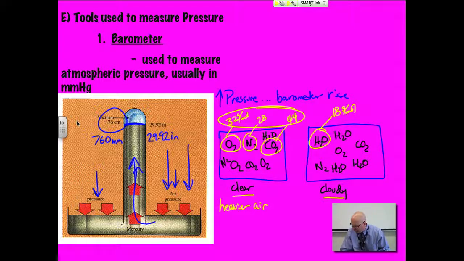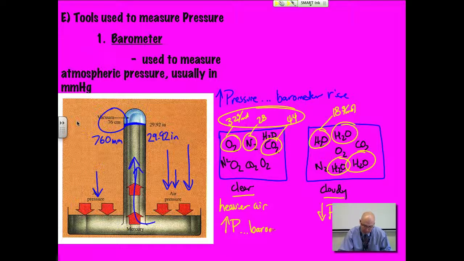Because we have heavier air, your pressure is higher. Less pressure, because you have more of these lighter molecules on a cloudy day. So heavy air, increased pressure, barometer rises.